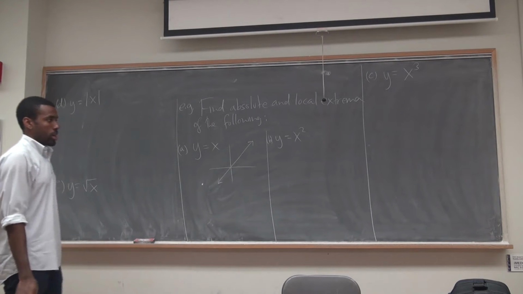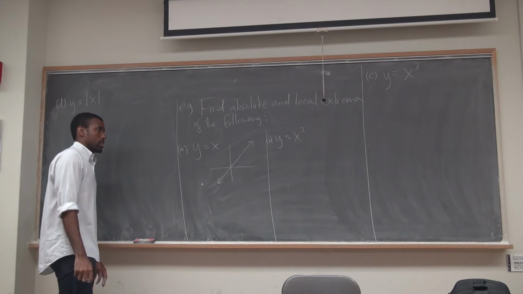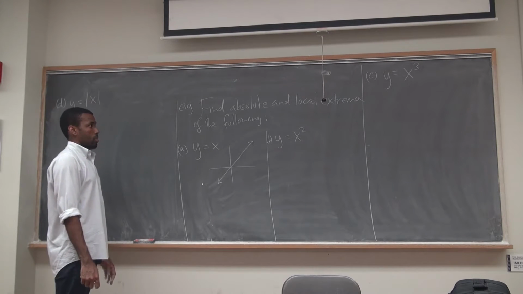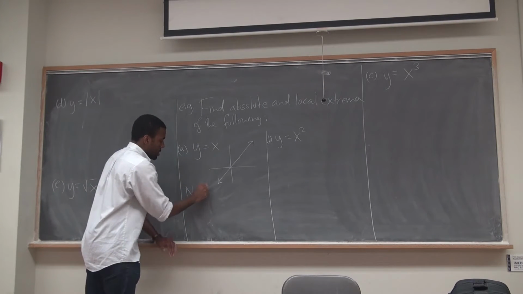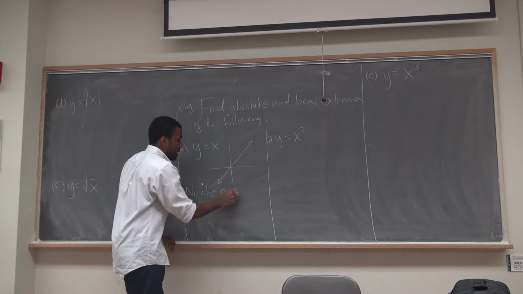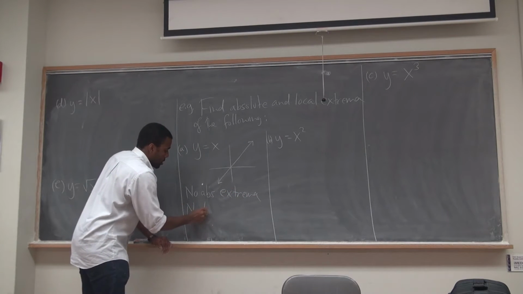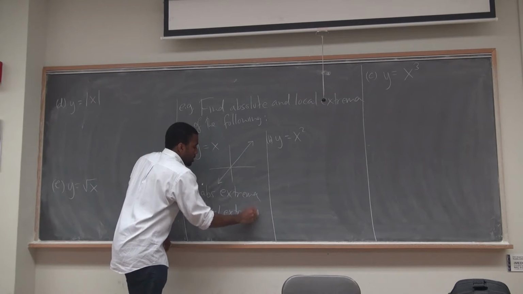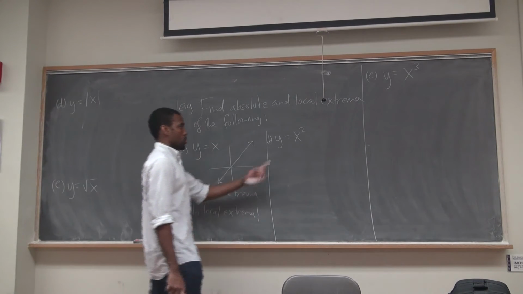We're not given any restriction of the domain or anything, so what can you tell me about this one? There's no absolute extrema, no local extrema. You can tell that from the graph very quickly. That'll just keep going up, that'll just keep going down. What about this one?